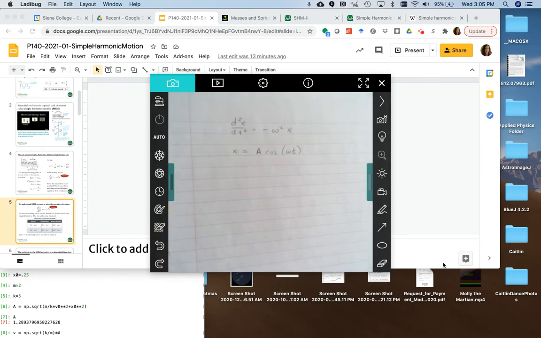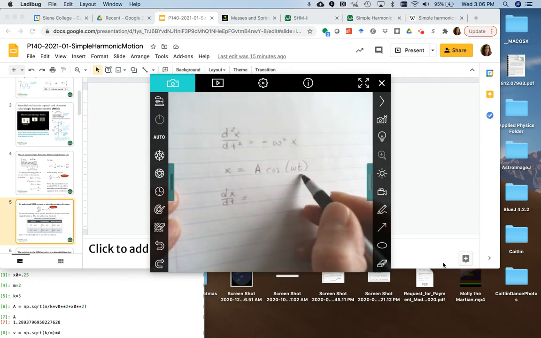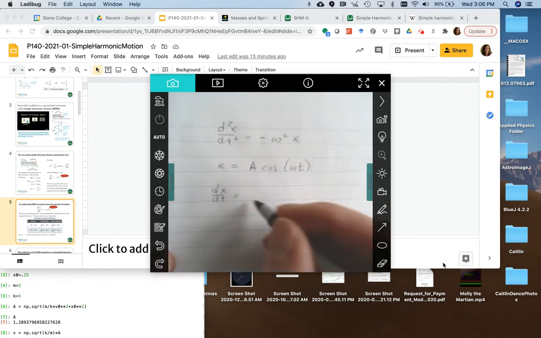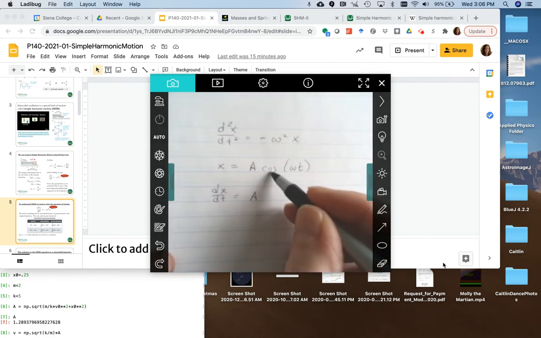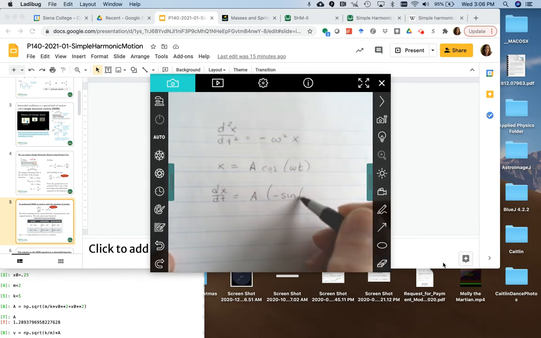Okay, so let's just review our derivatives here. If I want to do dx/dt, I have to take the derivative of this function. A is just a constant, so that stays there. The derivative of cosine is negative sine. I'll first rewrite what's inside that argument, and then afterwards I have to take the derivative of what's inside there with respect to t.